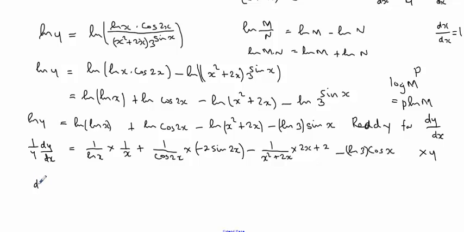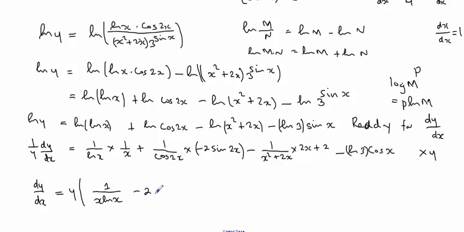Then we're going to end up here with dy/dx equals y, brackets, simplifying this, we're going to have 1 over x ln x, and there we're going to have minus 2 here, and then you've got sine over cos, which is tan.